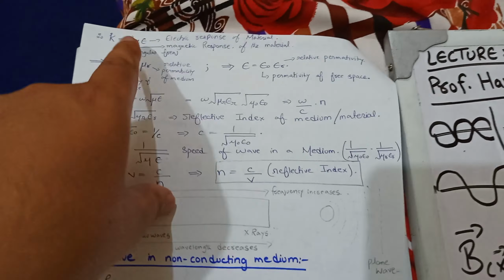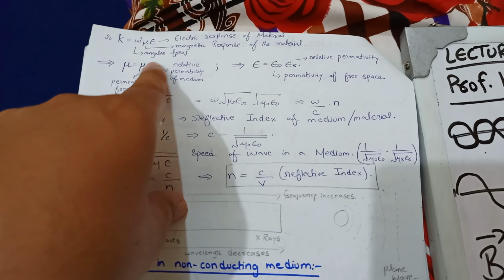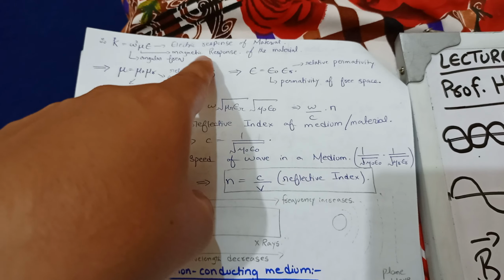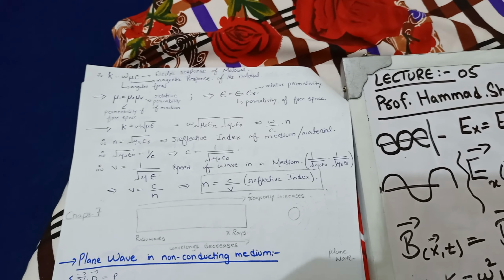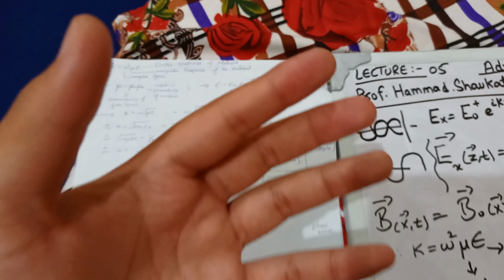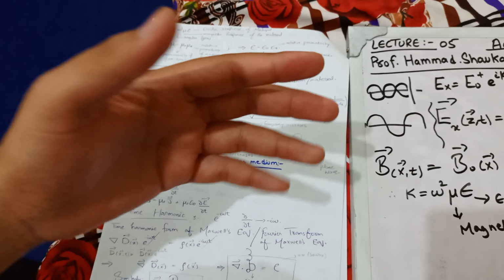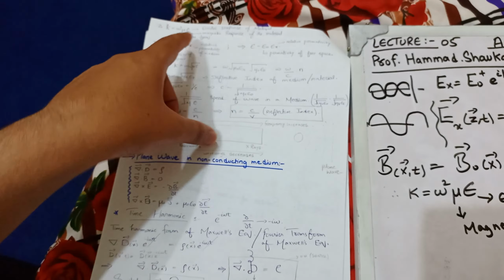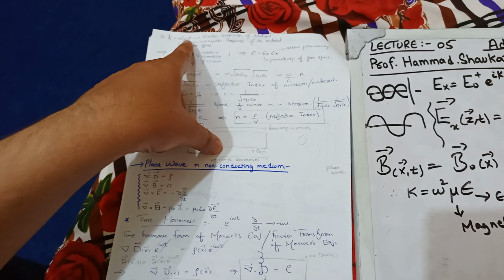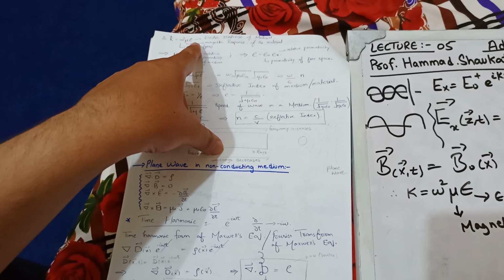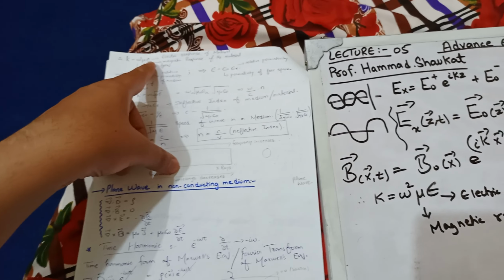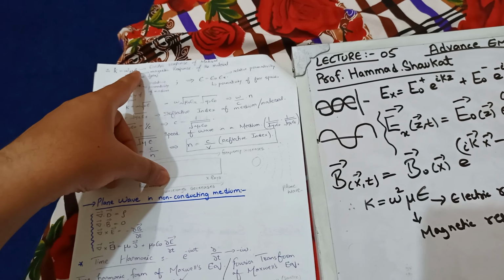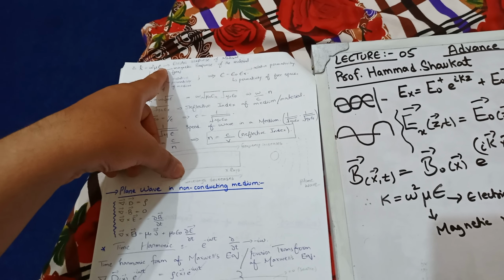Here you can see omega square, which is the angular frequency, and mu is the magnetic response of the material, how your material responds. Because when some material is added, you can introduce this mu inside the magnetic field. Similarly, if some material is included in the case of the electric field, you must include epsilon.